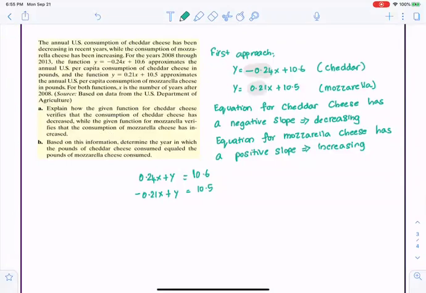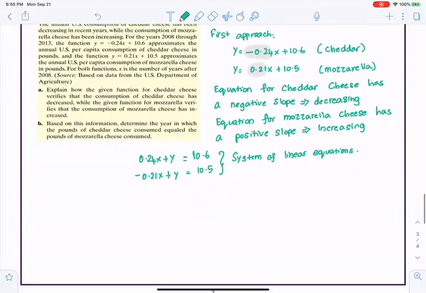And now we have a system of linear equations, and we can pretty much solve for x and y.